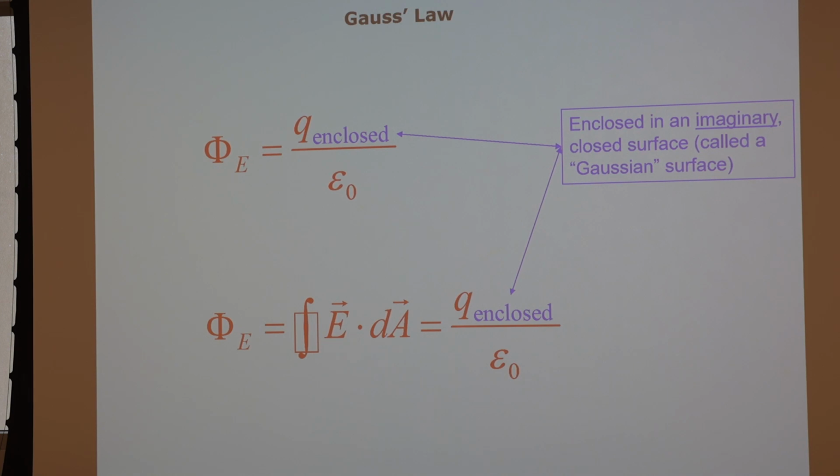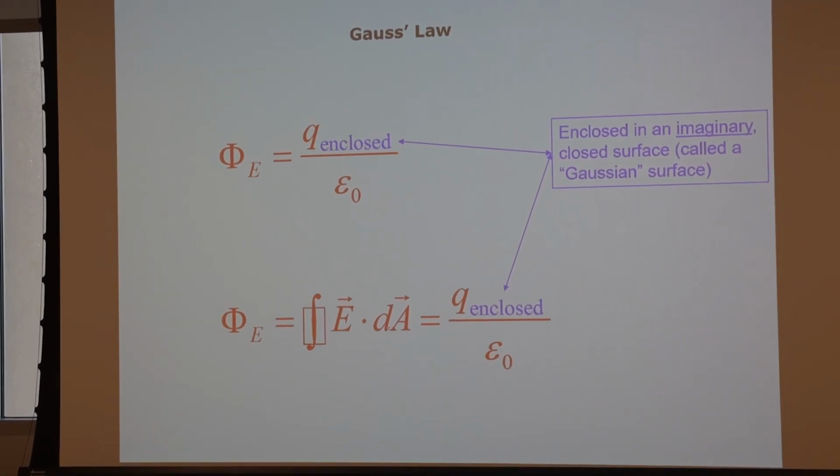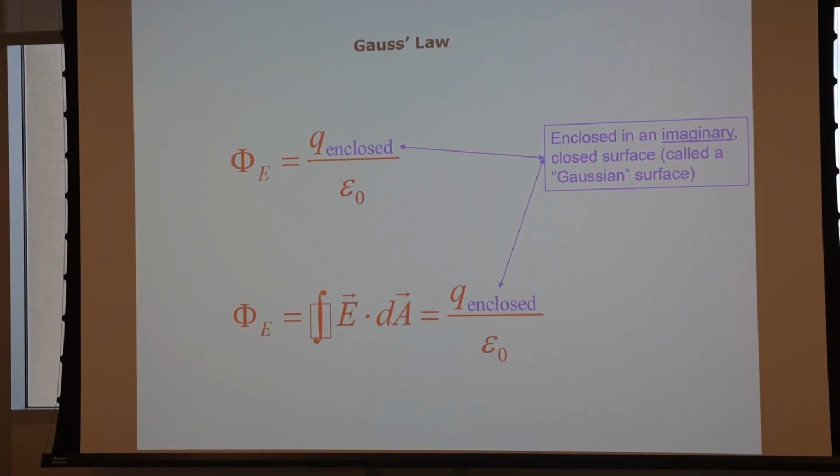So basically, we're going to have some charge. We're going to decide on some incredibly intelligent fake closed surface, and then we're going to do the integral without integrating. Does that sound like a plan? I know it doesn't make a lot of sense right now, but just hold on. Just hold on. All right.